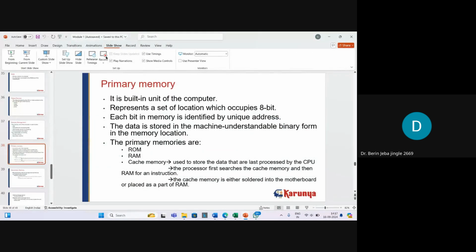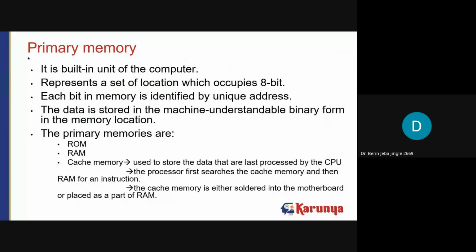Now we can study about the primary memory. Primary memory is a built-in unit present inside the computer. It represents a set of locations, each of which occupies 8 bits.